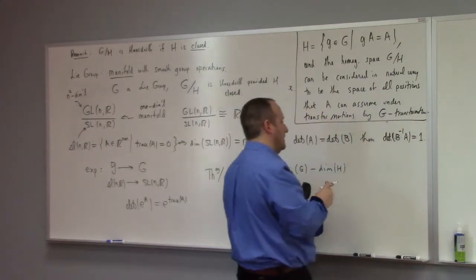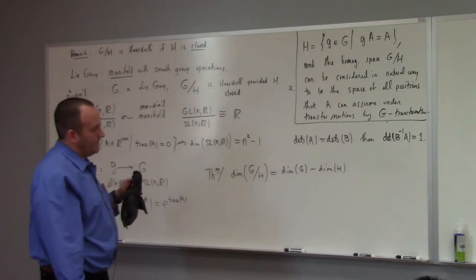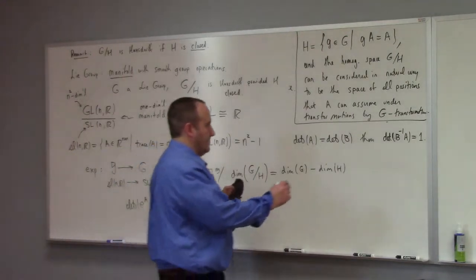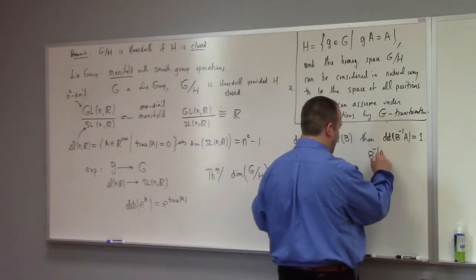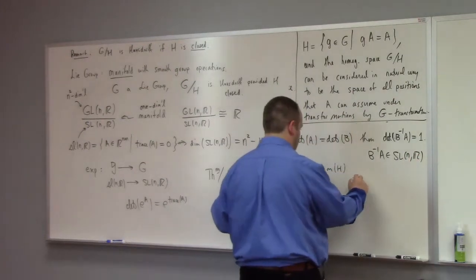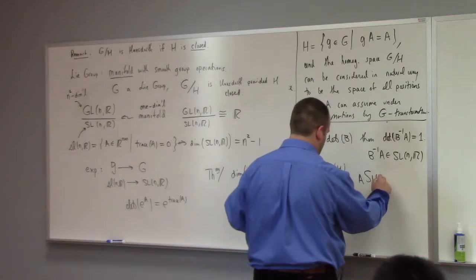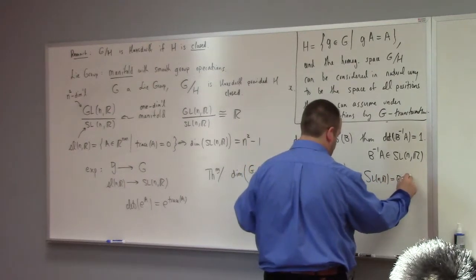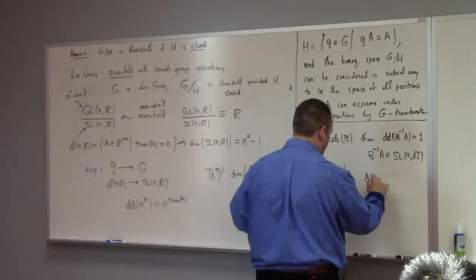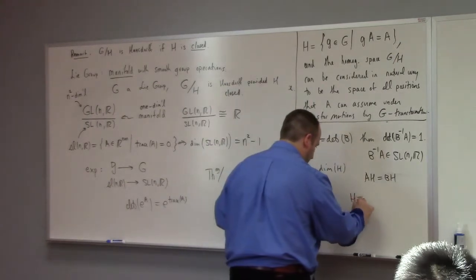And what's that say? So ASLNR is equal to BSLN. Why didn't I call that H? AH equal to B. Setting H equal to.